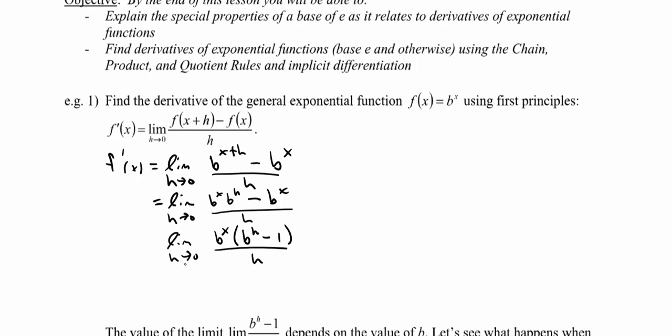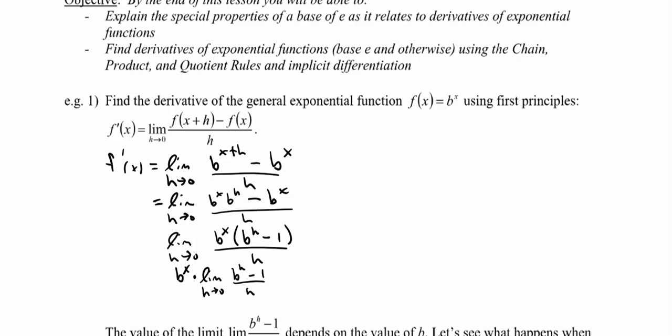Why can I do that? Well, I'm taking the limit as h approaches 0, and there's no h in that, so it's fine to pull that piece out. So this would be b to the x times the limit as h approaches 0 of b to the h minus 1 all over h.